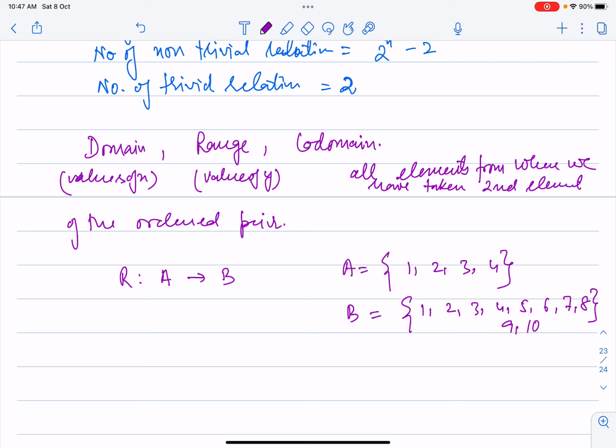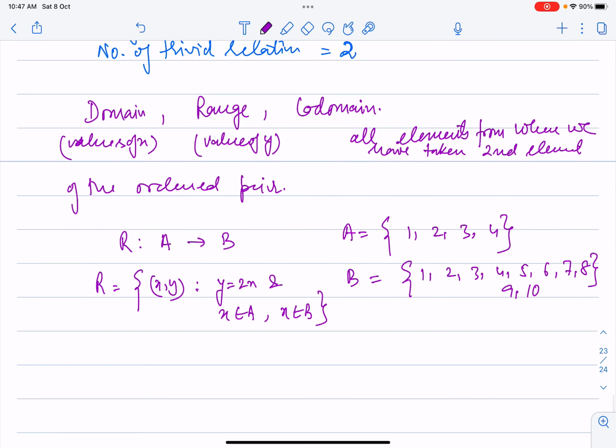The relation between A and B is such that we can write R is equal to {(x, y)} such that y is equal to 2x and x belongs to A and y belongs to B. So that means y is twice of x.